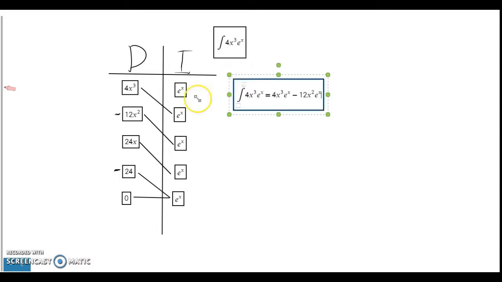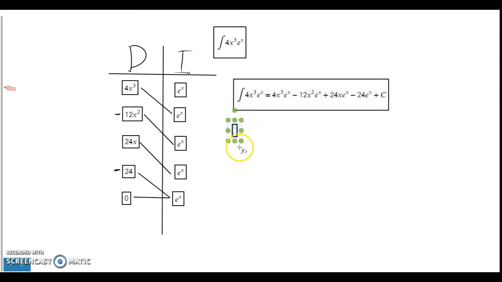And we look at our next term, and we're multiplying 24x by e to the x. 24x e to the x. And our last one is going to be negative 24 times e to the x. Alright. And last but not least, we have this integration of 0. This is going to leave us at 0 plus c. Alright, and this is pretty much your answer.